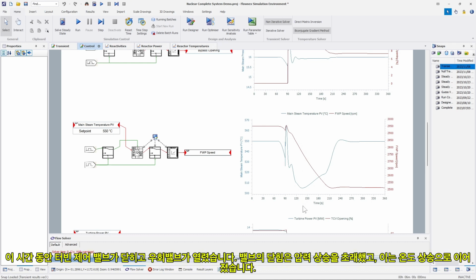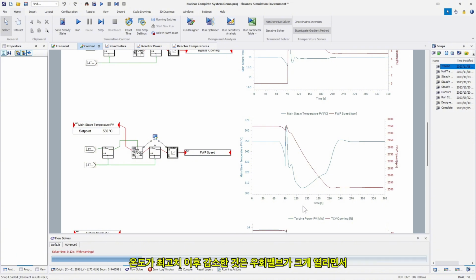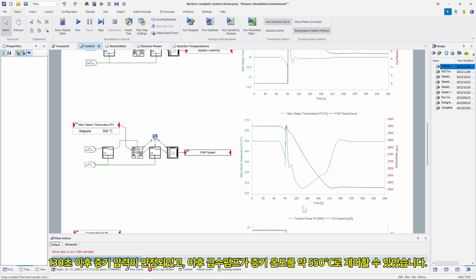In this period, the turbine control valve closed, which led to an increase in pressure and increase in temperature. The decrease after the peak resulted from the bypass valve opening, decreasing the pressure. After 130 seconds, the steam pressure started to stabilize, after which the feed water pump could adequately control the steam temperature around 550 degrees Celsius.